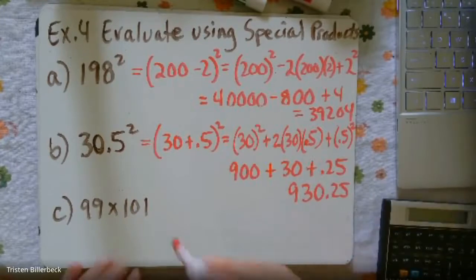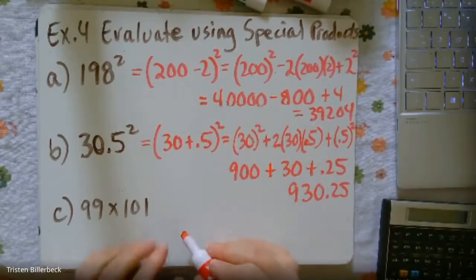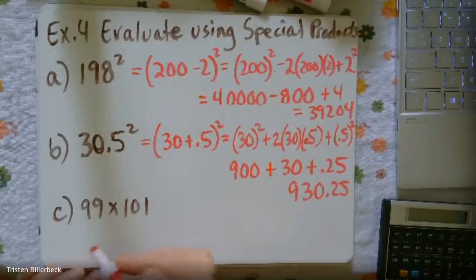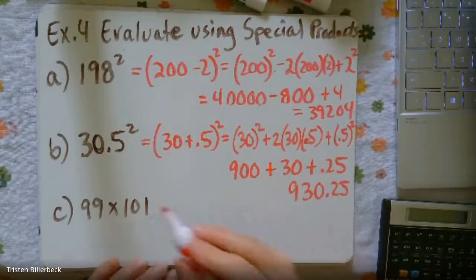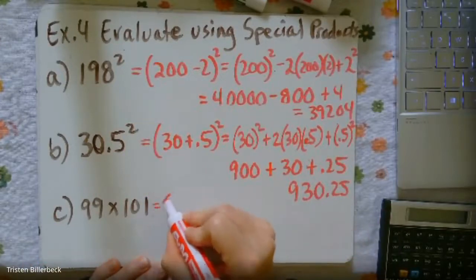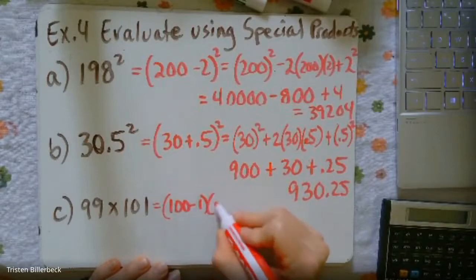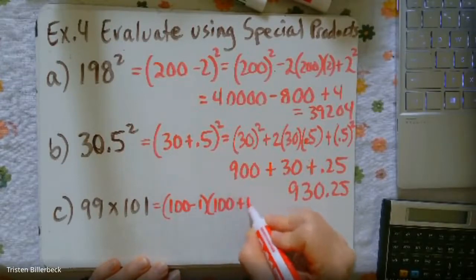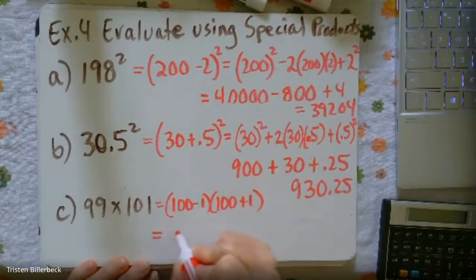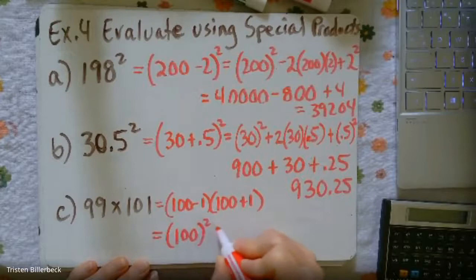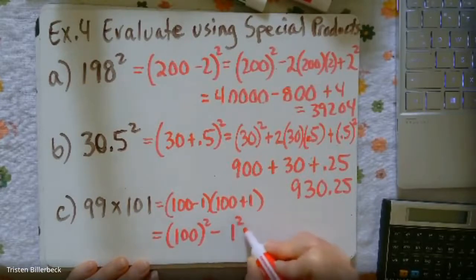All right, this one looks a little hard, but it's actually super easy. So this one we can rearrange as 100 minus 1 and 100 plus 1. Then we know that this is 100 squared minus 1 squared.